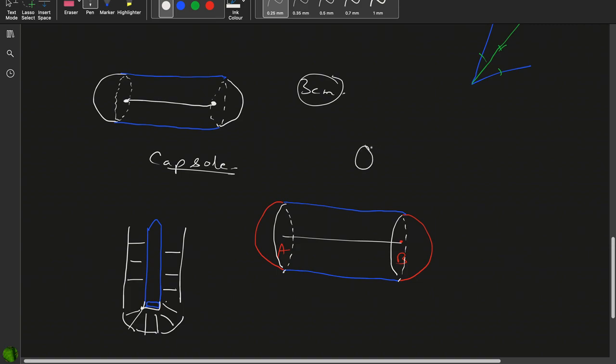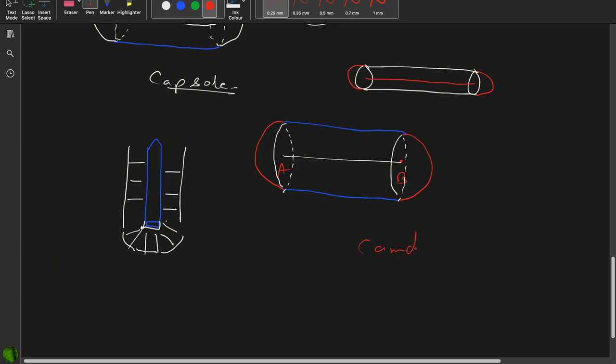Imagine this water hollow pipe. Imagine this pipe, and we place a thin wire inside it, and at the end we join hemispheres. So this would make a 3D shape. Or imagine this candle. If you have this candle which has a thread inside it, so I may say that this is 3 centimeters radius.